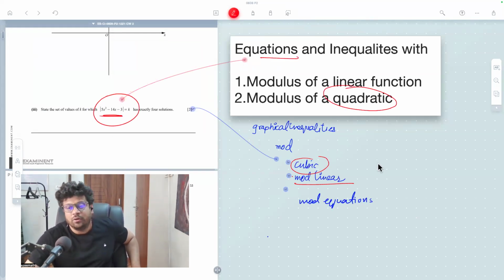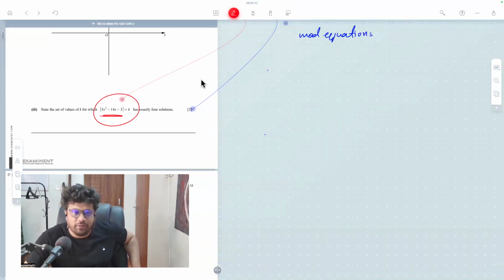We're supposed to find the set of values of k for which |5x² − 14x − 3| = k has exactly 4 solutions.